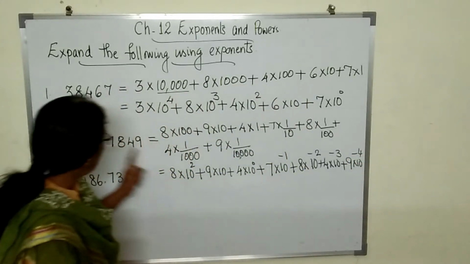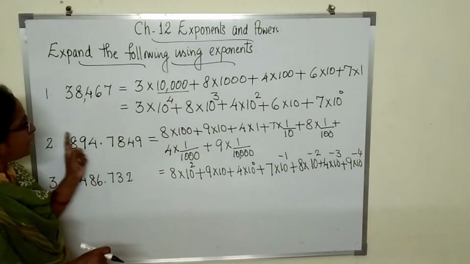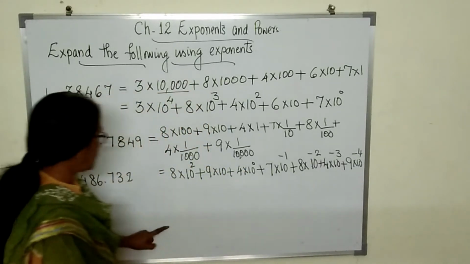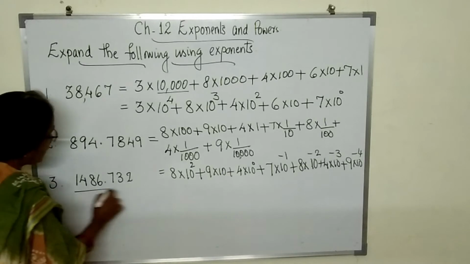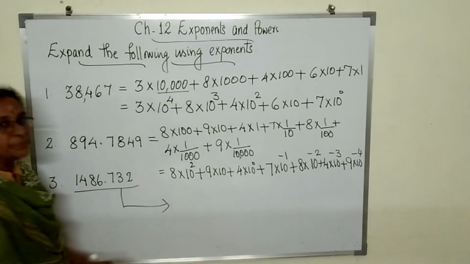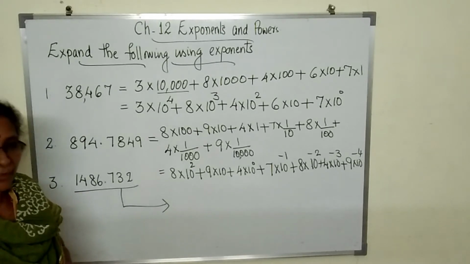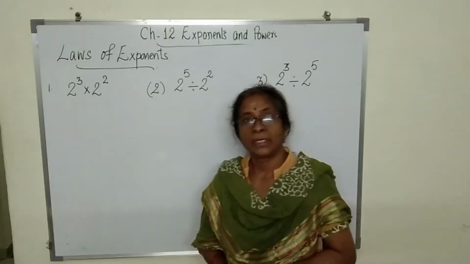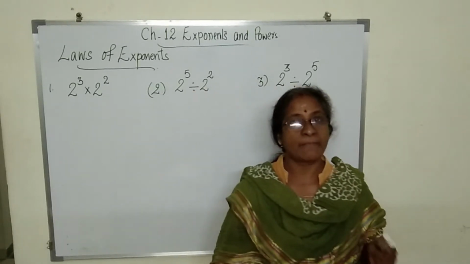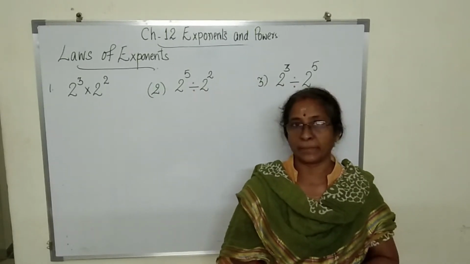This is how the whole number can be expanded using exponential form. Now try to write this number in exponential form yourself. We have already learned how to write numbers when the power is negative.